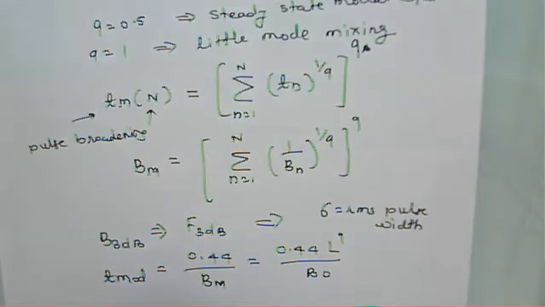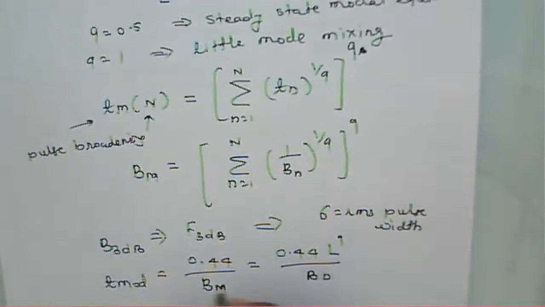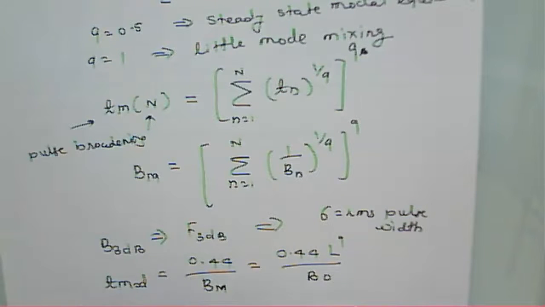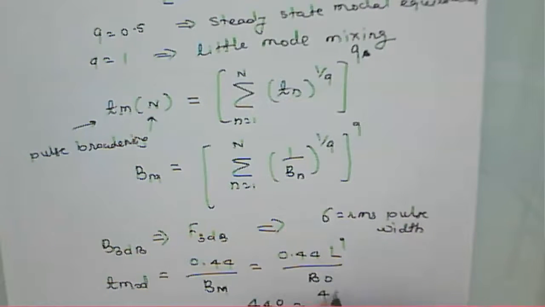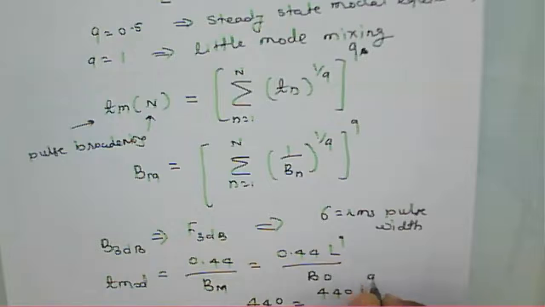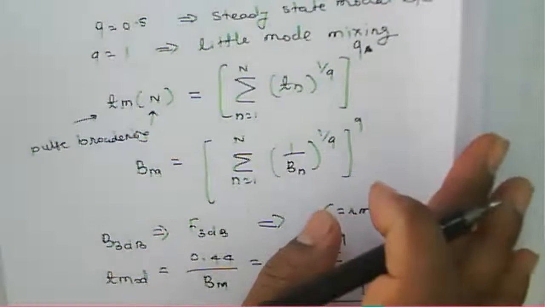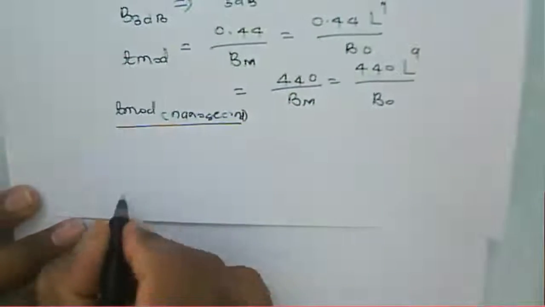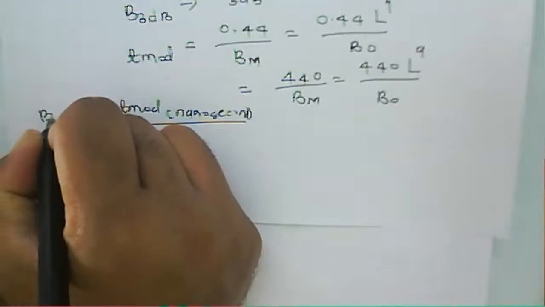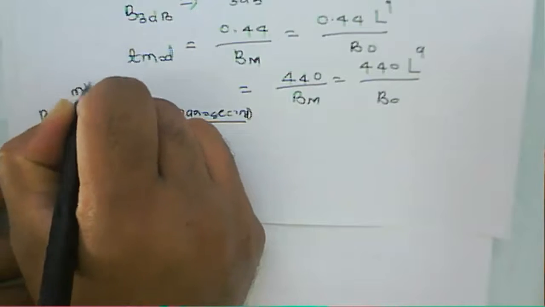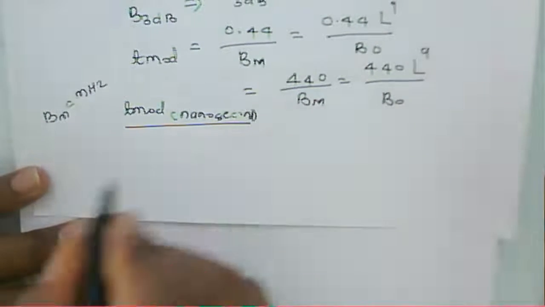If we consider the modal dispersion in nanoseconds, T_mod (ns) = 440 / Bm = 440 L^Q / P0, where Bm is in megahertz. So we get that particular equation.